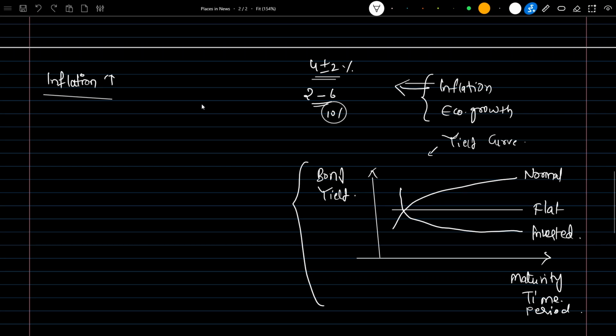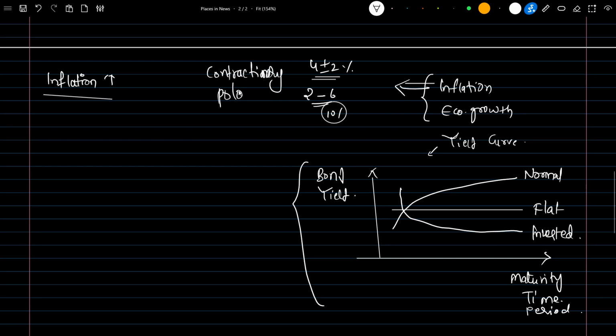It can be done in many ways, like open market operations, quantitative measures; we simply call them contractionary policies. What does contractionary policy mean? Simply sucking the money out of the market. If it is done by the government, it is called fiscal contractionary policy. If it is done by the RBI, it is called monetary contractionary policy. Fiscal means anything related to government.